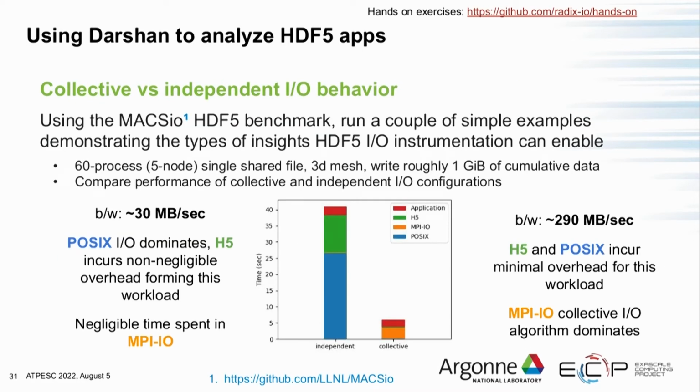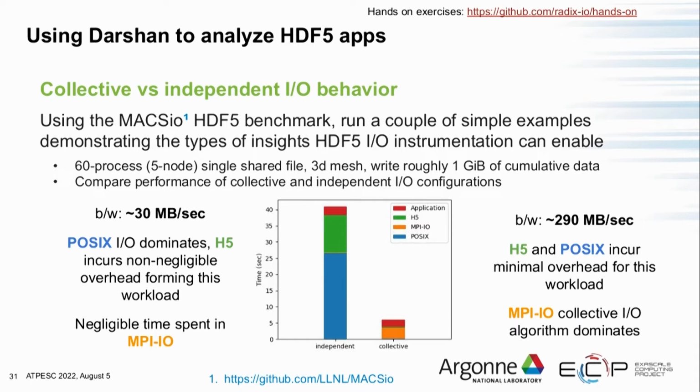Kind of want to step through a couple of other example visualizations I've done in the past with Darshan data based on HDF5 applications. So this is based on an application benchmark called Maxio. It's a multi-physics benchmark that's pretty popular for HDF5. And so for this particular example, it's another small scale, 5-node, 60 process run using a single shared file.